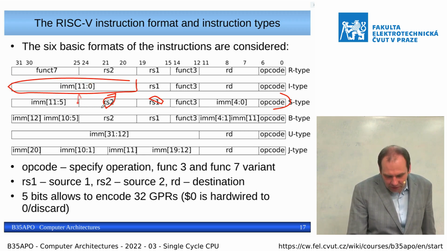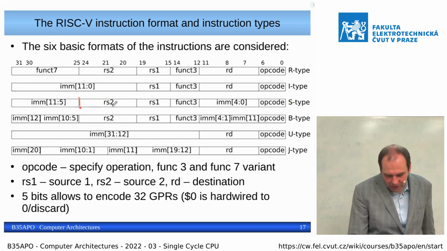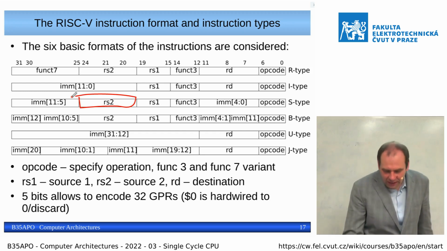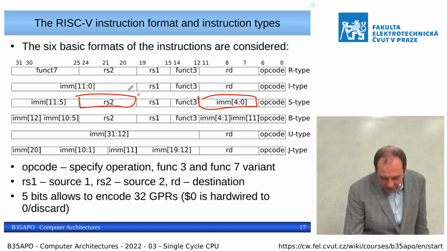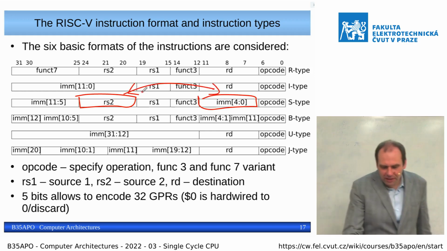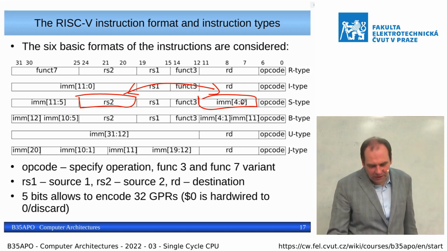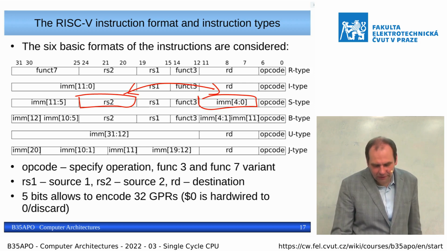But this part of the immediate area from the previous instruction is taken by RS2. So they decide that because we do not need a destination register here, they basically swap those 2 areas, and the rest of the immediate operand is stored in this area. Okay, for reading it is a little worse, but the actual hardware is better.